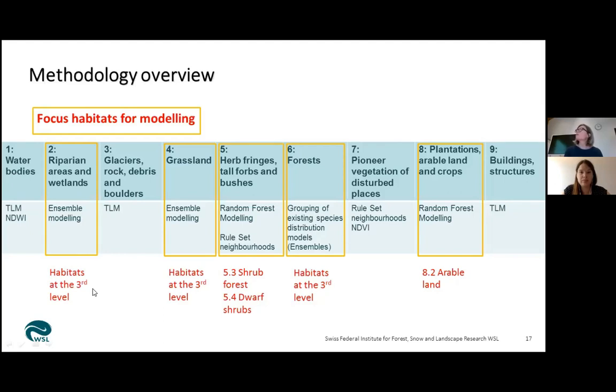The focus in the project over the last 2 years is on these habitats highlighted in the orange-yellow colour, specifically what Nika will talk about on grasslands and riparian areas and wetlands, also on some parts of the class 5, specifically shrub forest and dwarf shrubs, and then also on forest habitats. We did not have the capacity to look too much into the pioneer vegetation, so that wasn't a strong focus. And we also modelled the crops and plantations.